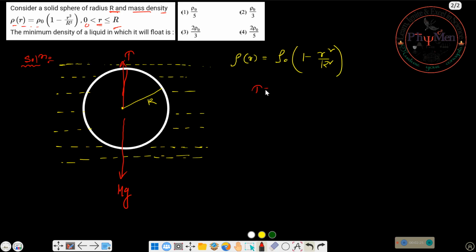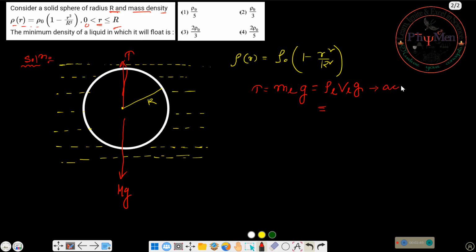The buoyancy force we can write as the mass of the liquid displaced times g. When it floats it will be submerged, so the mass of the liquid displaced, m L into g, is written as rho L, the density of the liquid, times the volume of the liquid displaced, into g, according to Archimedes principle.